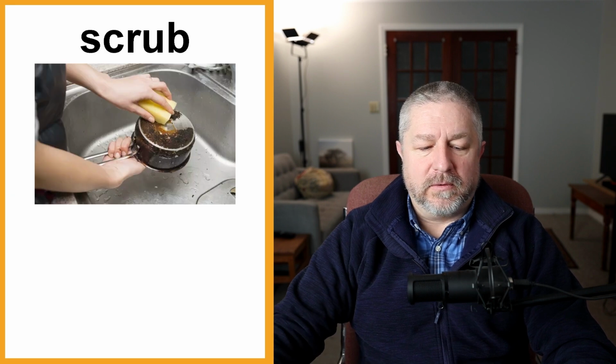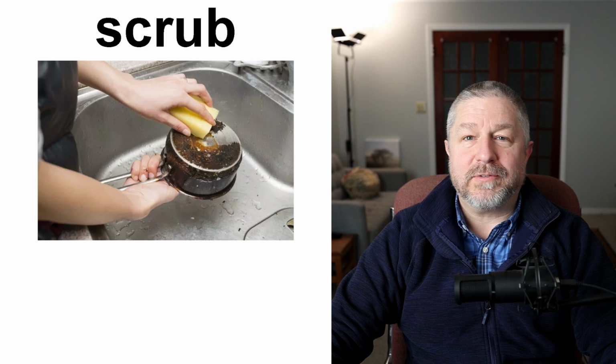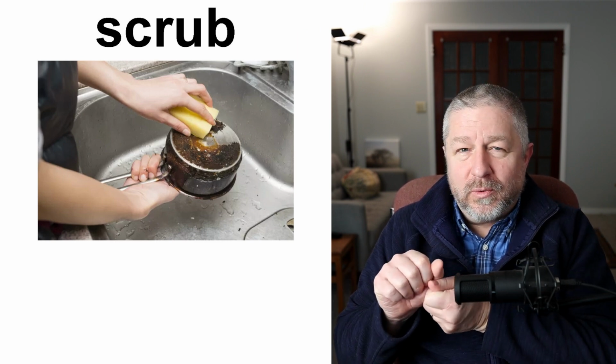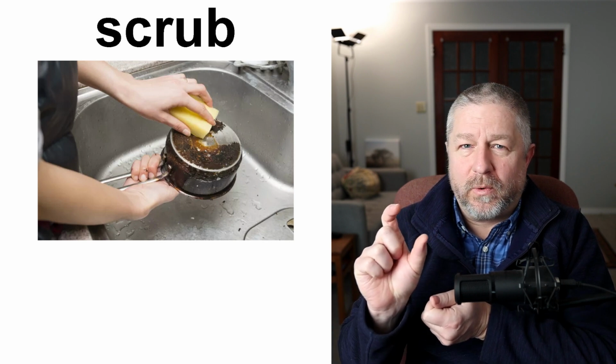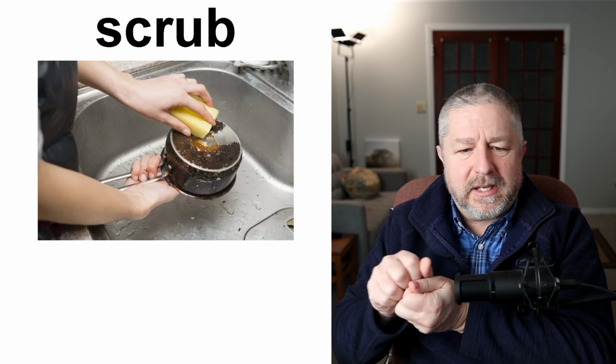Now here we've jumped all the way to the end of making a meal and we now have to scrub something. So scrub is when you wash something, but you use a sponge or a brush, and it has an element of being difficult.